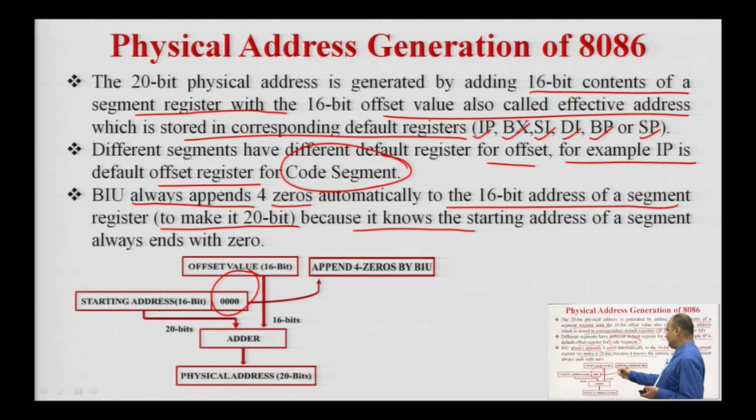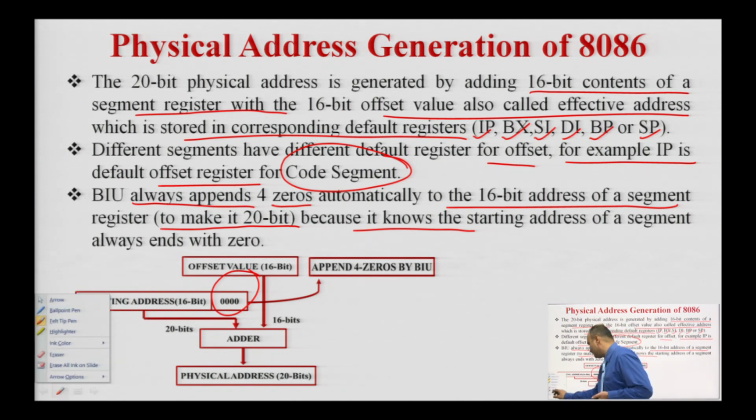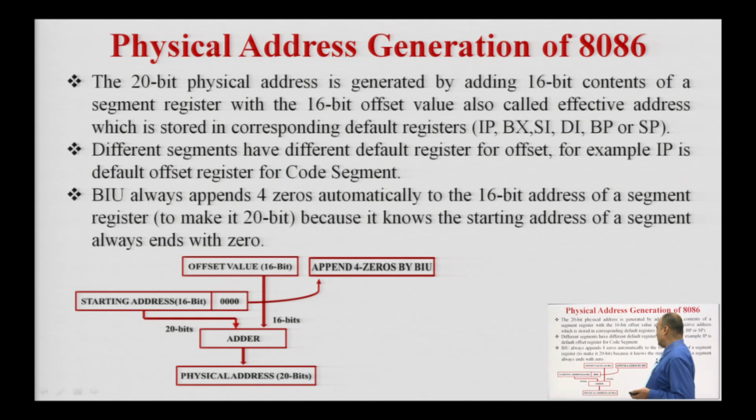So here is the representation of how we generate the 20-bit physical address. Here the offset value is 16-bit. This offset value is in the instruction pointer register, BX register, source index, DI, base pointer, or stack pointer register, and the segment register will hold the 16-bit value, that is, the starting address of the code segment area, data segment area, extra segment area, or stack segment area.